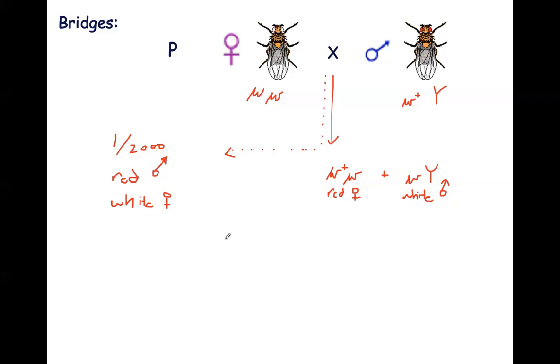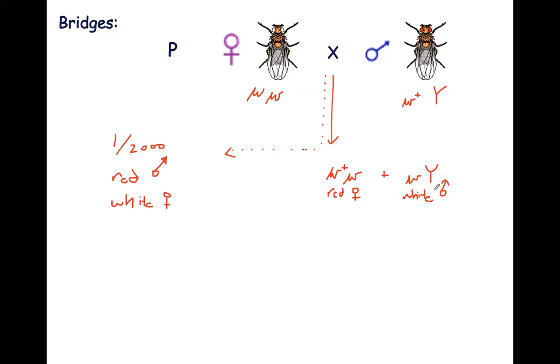Okay, let's everybody look at the flies. Everybody look at the flies, right? WW, W plus Y. If you do the Punnett square, there is only 2 things you can get from this. W plus with a W, or a Y with a W. And here they are here.